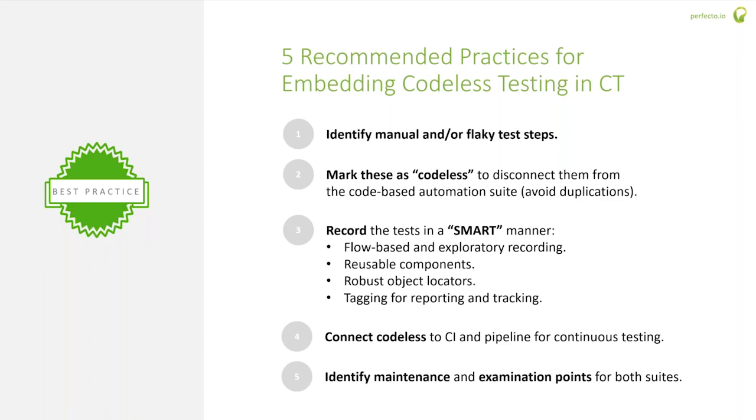Use robust object locators. In Perfecto Codeless, you don't need to actually have this bullet. It's baked into the product through machine learning and AI algorithms. So we take care of all the object locator management, and we'll show it to you live in a few seconds. Tagging and reporting for tracking, also it's a given.